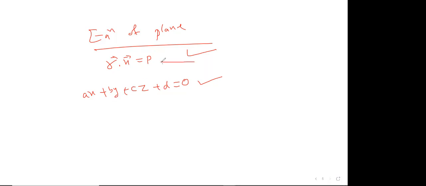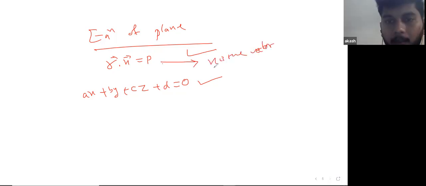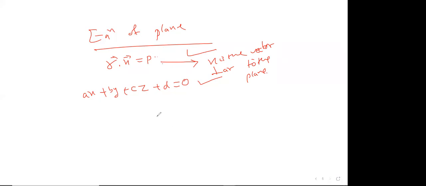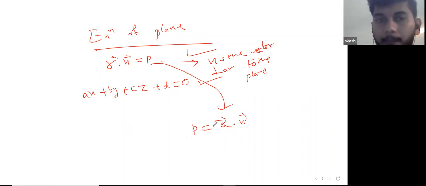Here n is the vector perpendicular to the plane, and p equals a dot n.